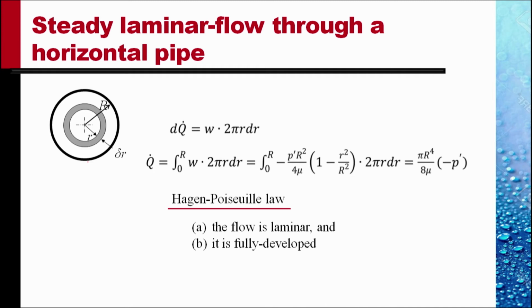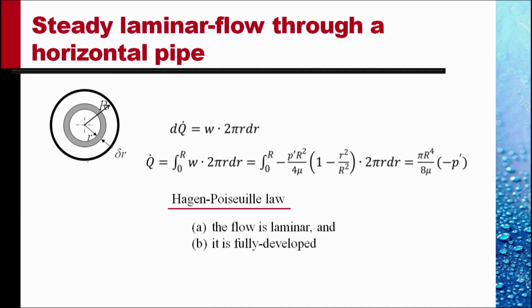We made that assumption when we wrote that the shear stress is mu times the velocity gradient. That is valid only for laminar flow. For turbulent flow, the shear stress is much more complicated. So this Hagen-Poiseuille law is only for when the flow is laminar and fully developed.